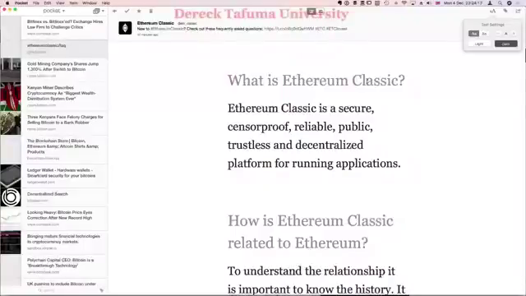Individual computers of people who are part of the network are the ones running applications. For example, one application which can be run is related to banking, such as Bitcoin. Instead of saying Bitcoin, because Bitcoin is another platform, Ethereum Classic will be running platforms.